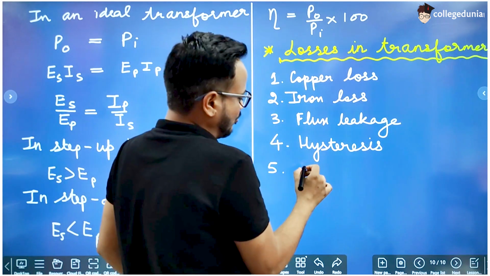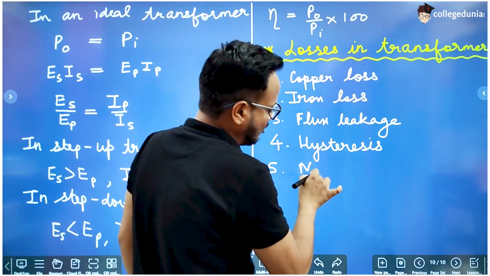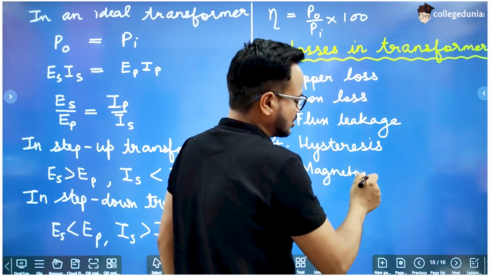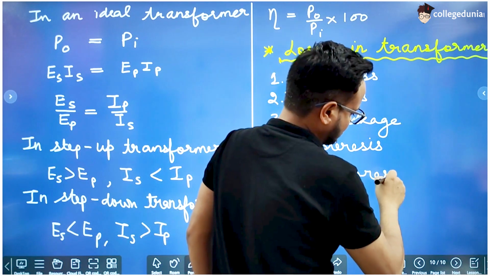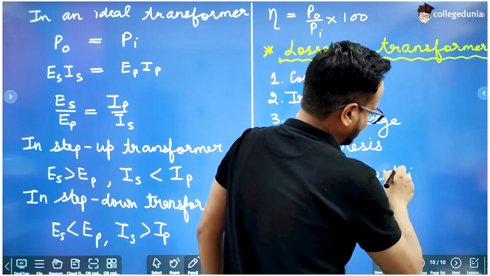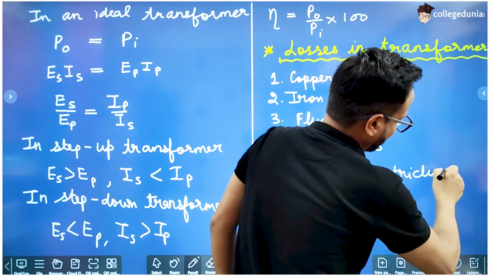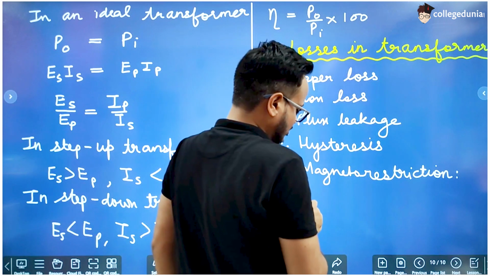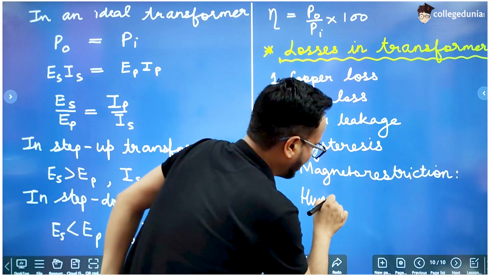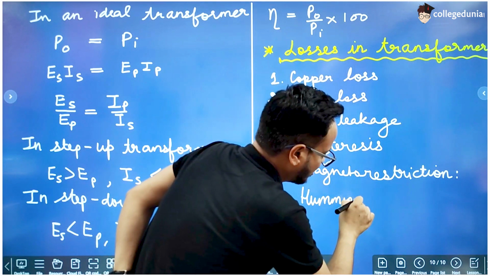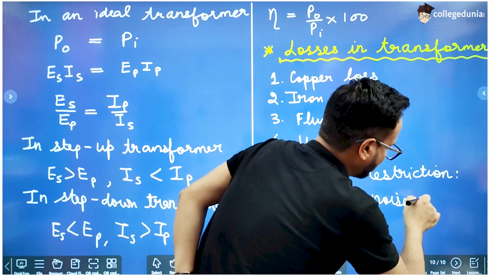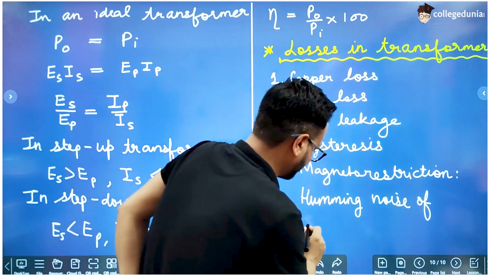And last, a very important energy loss is called magnetostriction. Magnetostriction is the humming noise of the transformer.